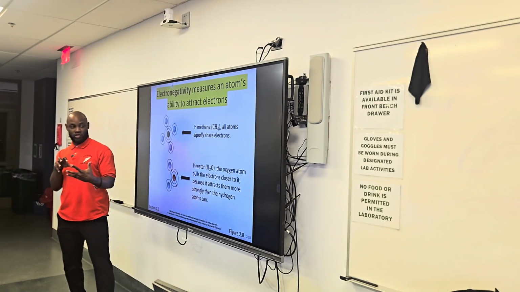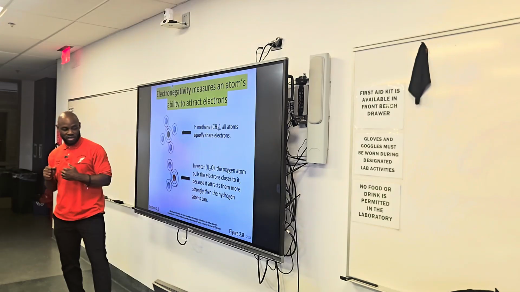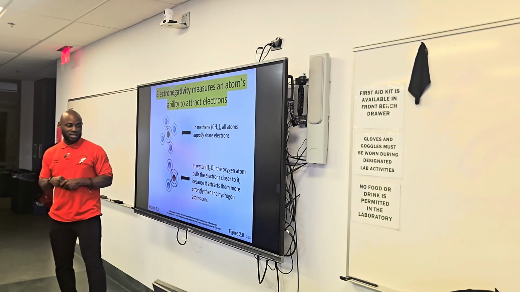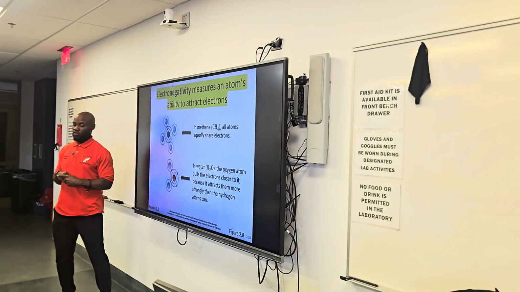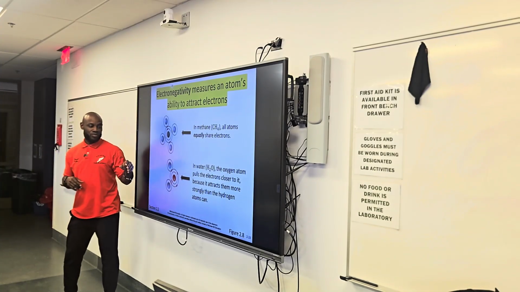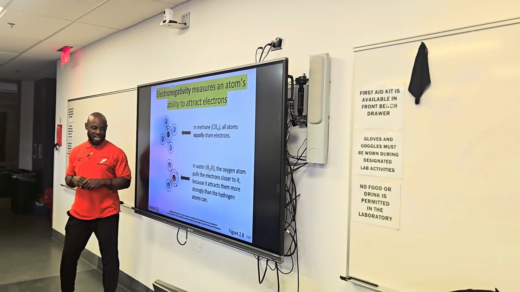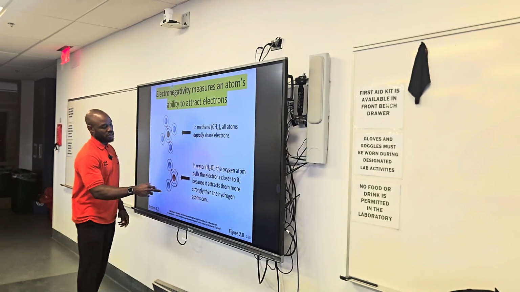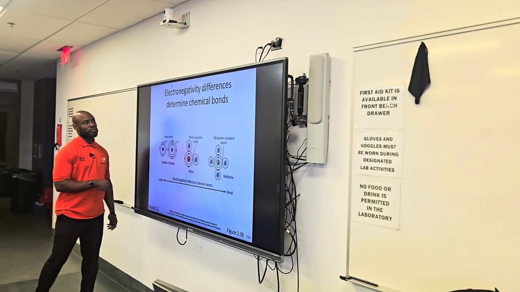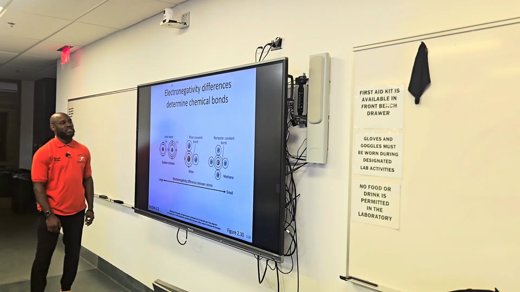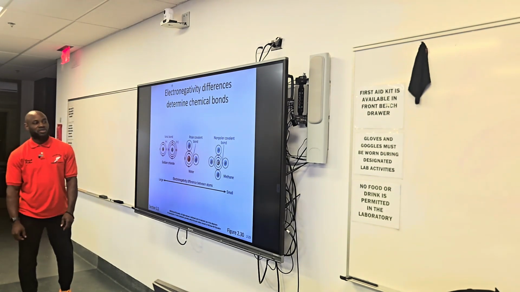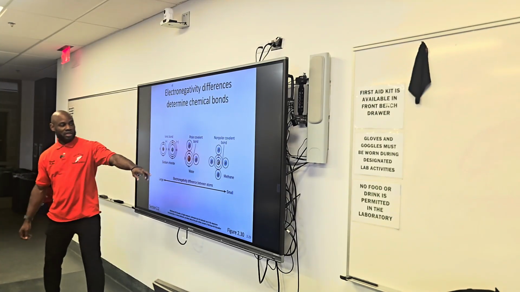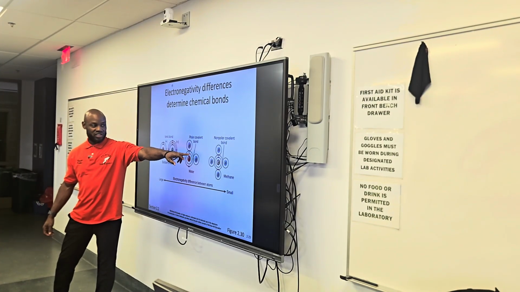That is what we are referring to when we're talking about electronegativity, and this is important for different reasons. All right, so because the oxygen is able to pull the shared electrons more towards the oxygen atom, they spend less time around the hydrogen atom than they do the oxygen atom. And so the oxygen tends to have more of a negative charge and the hydrogen more of a positive charge.